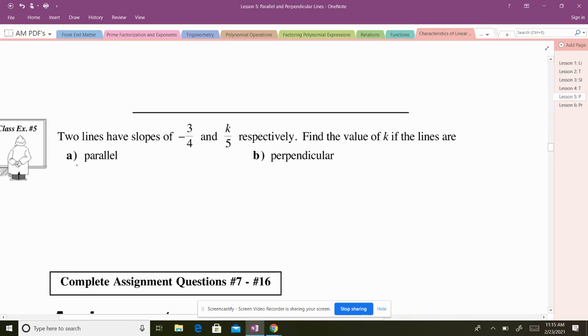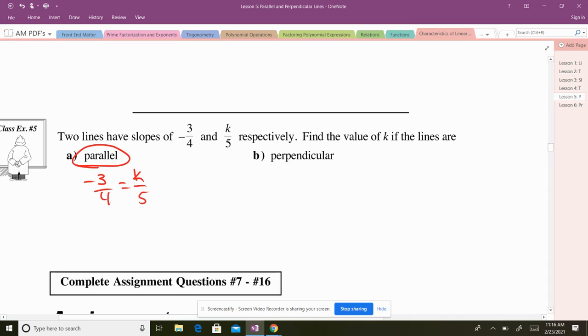Okay, as soon as you see the word parallel, it means what, Tyler? Start paying attention. If I say parallel, what am I saying about the slopes? The slopes are the same. So that means that this negative 3 over 4 equals this k over 5. They have to be the same.